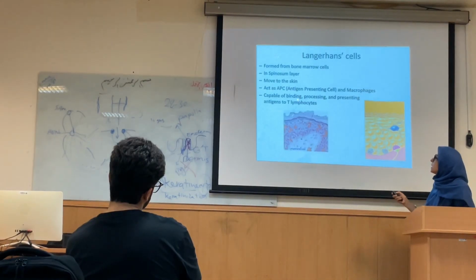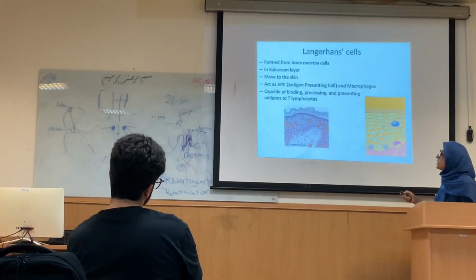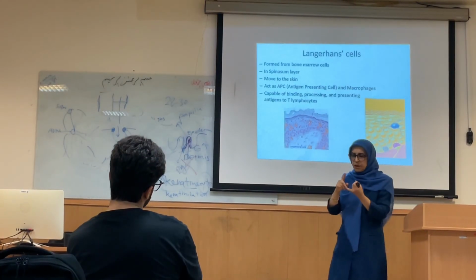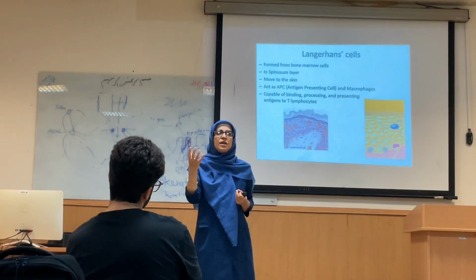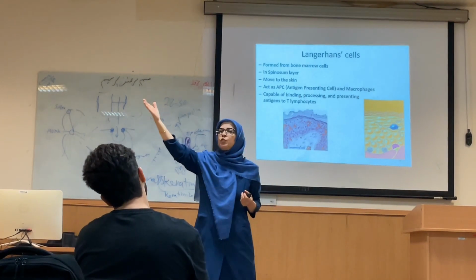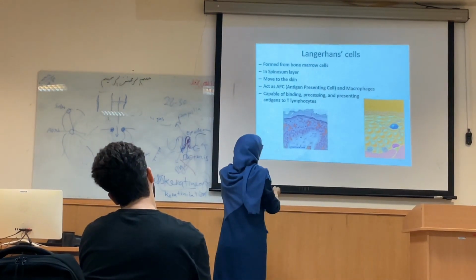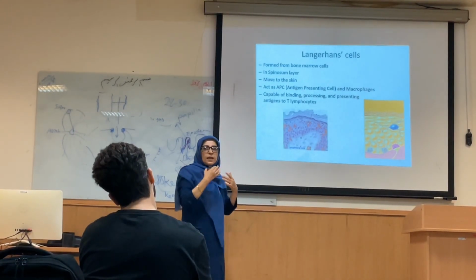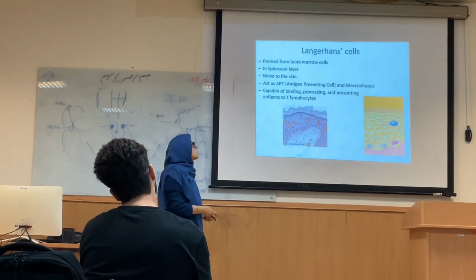They can act as antigen presenting cells. Antigen presenting cells include, for example, the macrophage, neutrophil, and lymphocyte, which identify the antigen and present it to other cells. Langerhans cells also phagocytose them, but can also present them, for example, to lymphocytes or other cells.